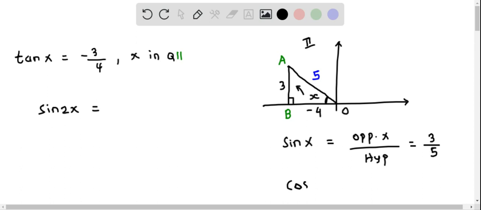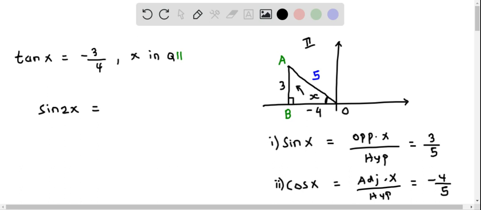And let me also find cosine of x, which equals adjacent to x over hypotenuse. The adjacent side here is negative 4, and hypotenuse is 5. So we have determined these two ratios, which will help us to determine sine 2x, cosine 2x, and tan 2x.